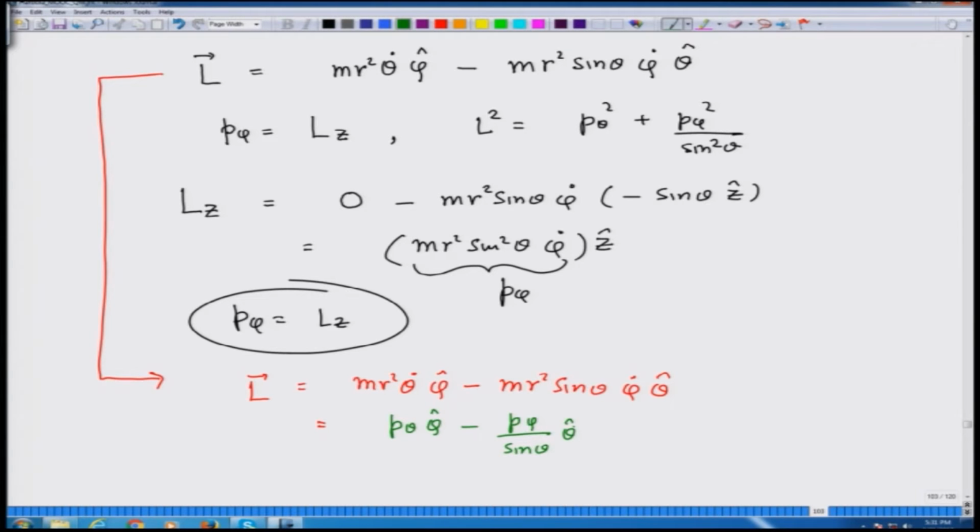Theta and phi are perpendicular to each other. So, this immediately implies that L squared is p theta squared plus p phi squared over sin squared theta.